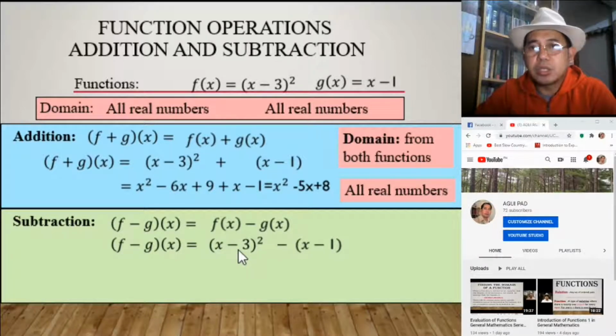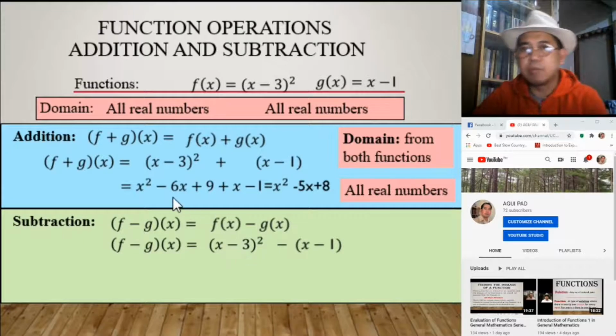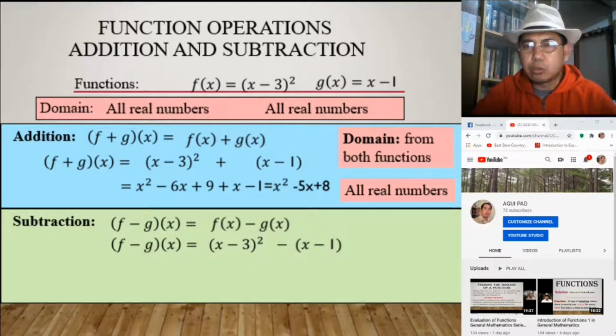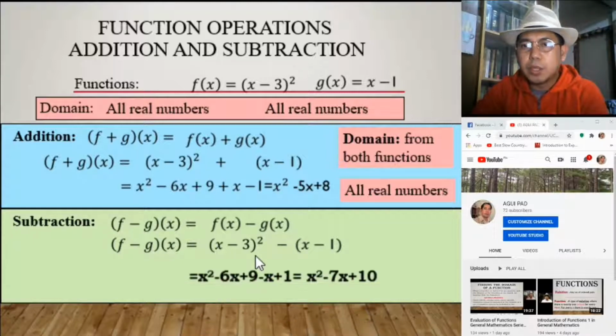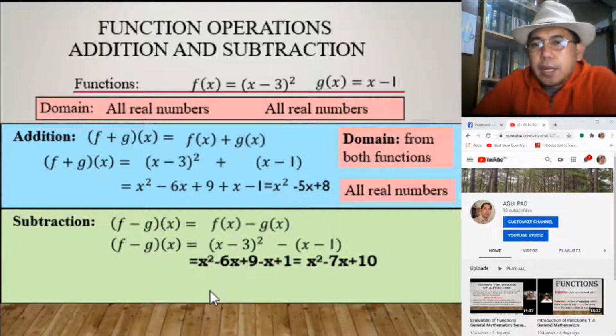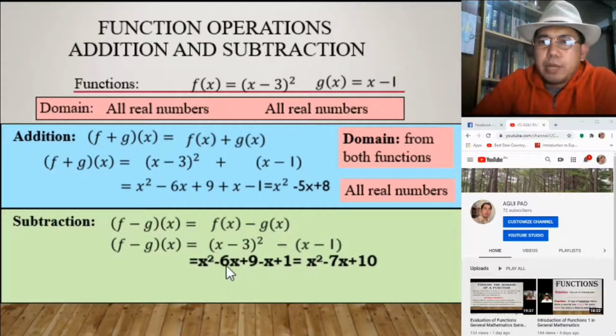Now what is the expanded form? We have already expanded that one. So what is the result? The result will give you x raised to 2 minus 6x plus 9 minus x plus 1.